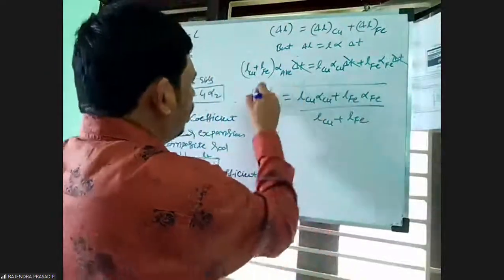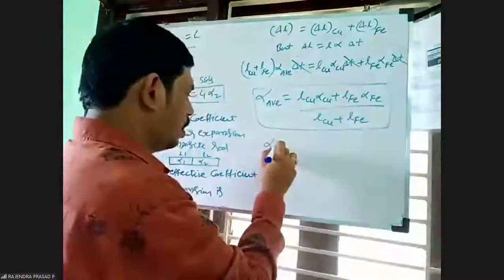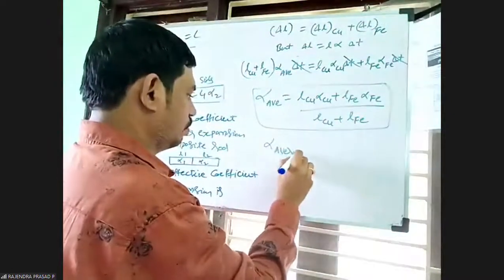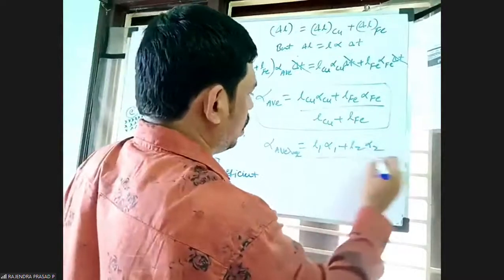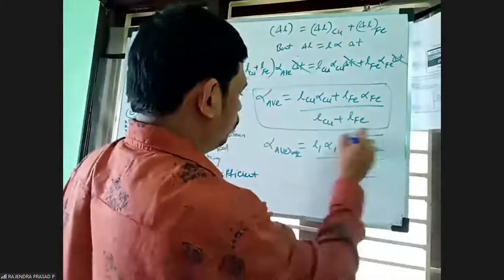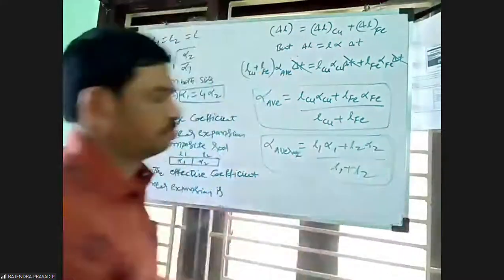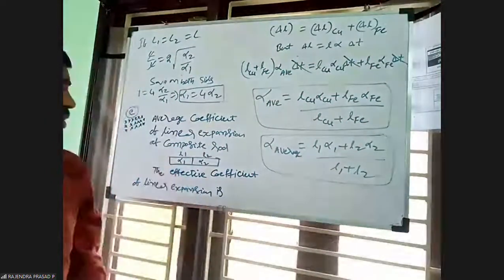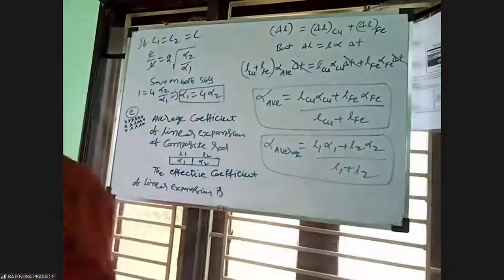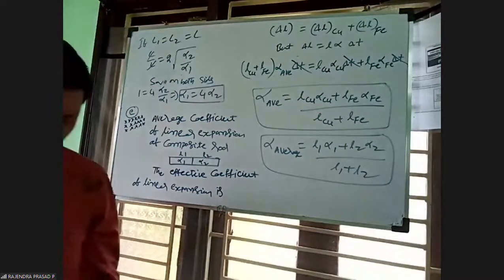Very important. Therefore, alpha average equal to L1 alpha 1 plus L2 alpha 2 by L1 plus L2. This is the average coefficient of linear expansion. Example problems are also important, and a number of problems are there.